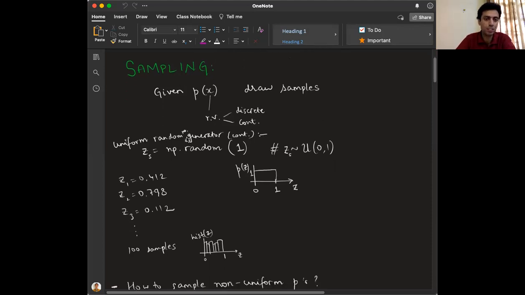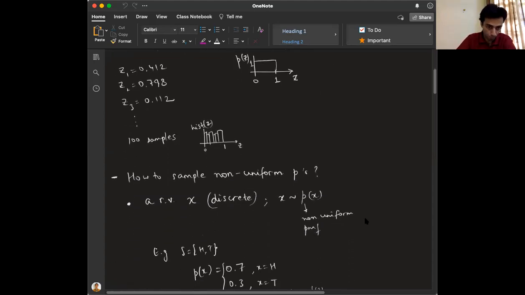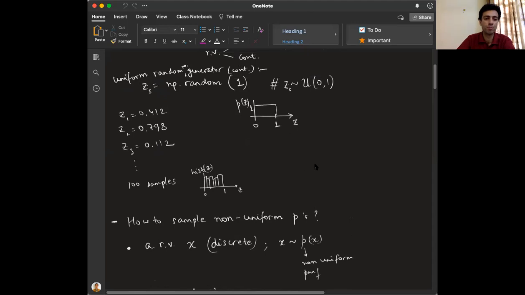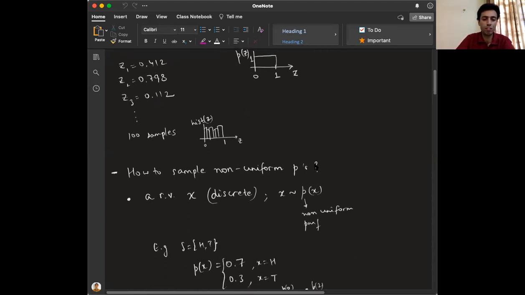So in computers, we generally have a uniform random number generator, which is generating a random variable with uniform distribution. So this is uniform distribution. And how do we obtain non-uniform distributions using this uniform random number generator? The answer is we do transformation of variables.